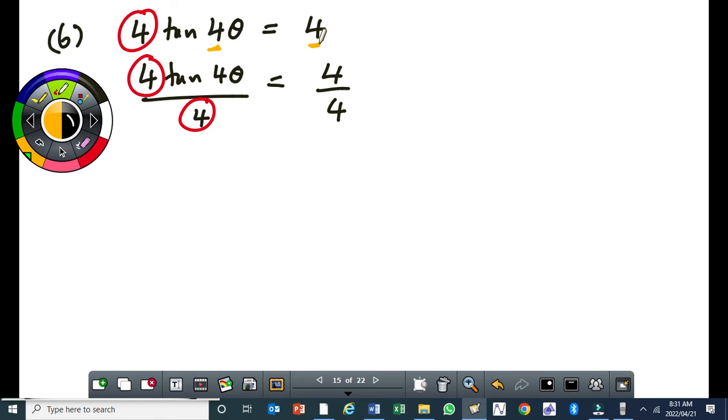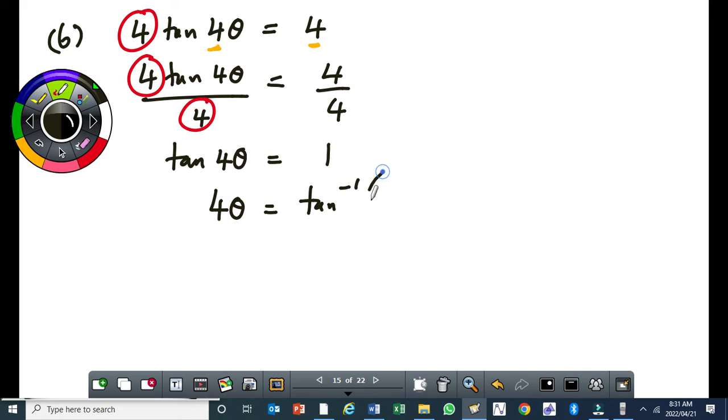Then here you end up getting tan 4 theta is equal to 1. Now, from here, based on the previous example, don't touch the 4 theta. It's one angle. All you have to do is take the tan to the right so that you'll be left with 4 theta is equal to shift tan of 1.